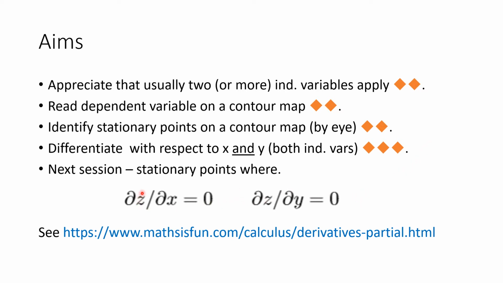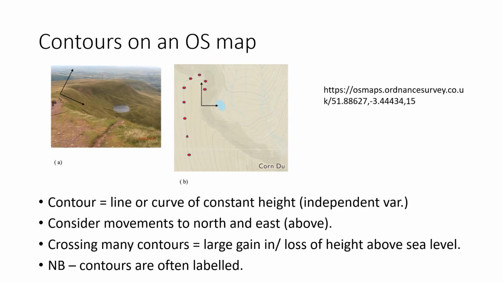In the next session, we'll find where the stationary points are with two or more variables. But these are the slopes that we're looking for, and you'll notice that we'll have this partial differential operator. A very useful website which you might want to visit is the Maths is Fun website.